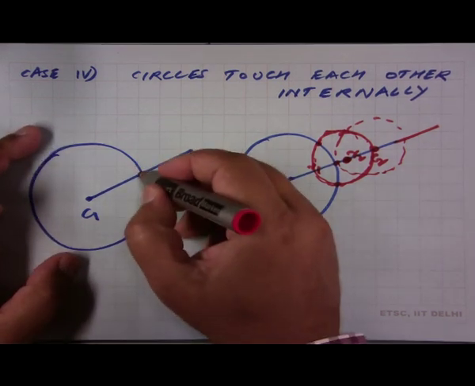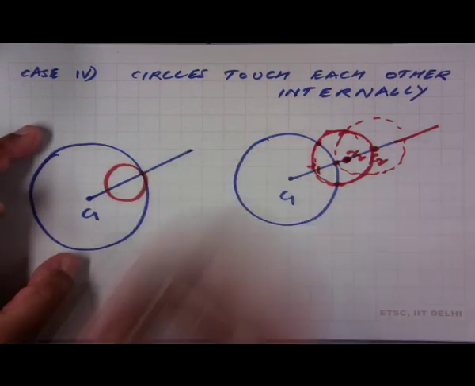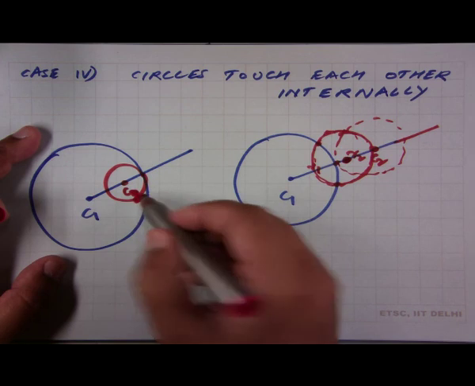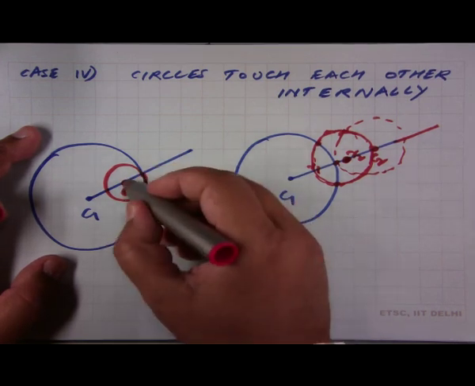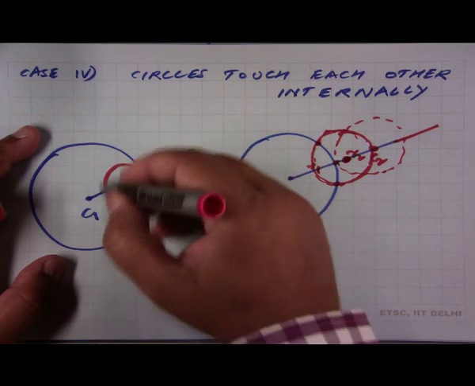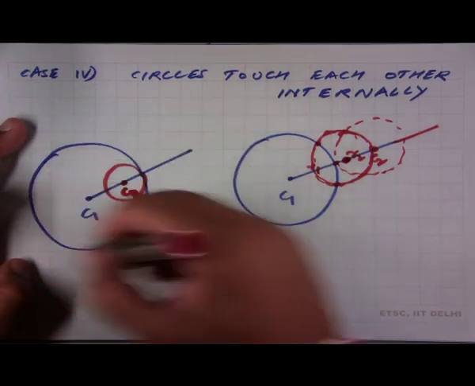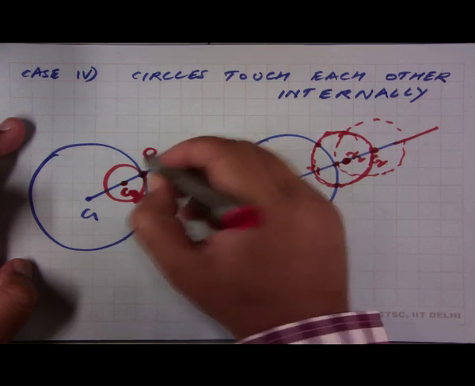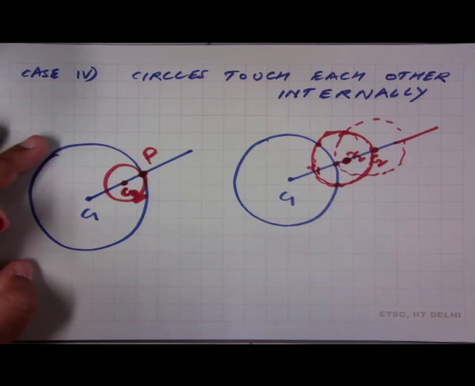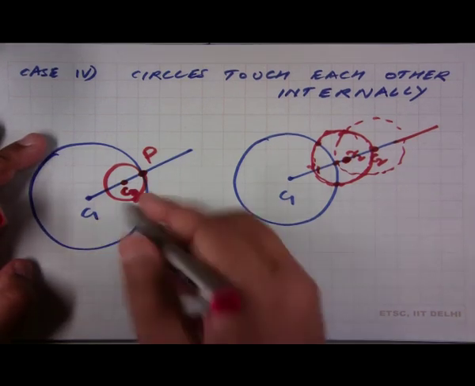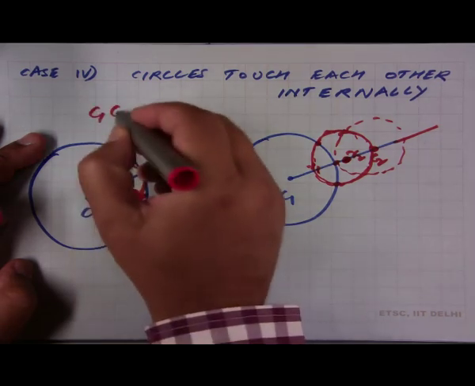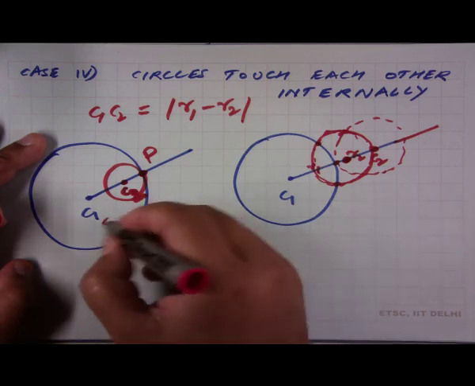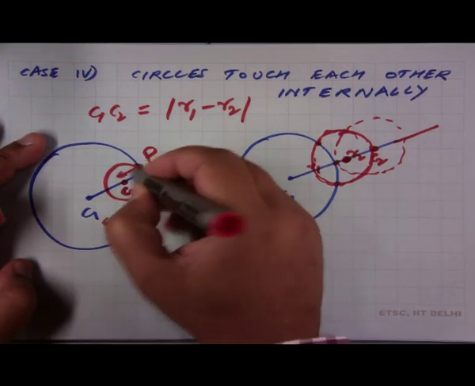What we mean by that is the second circle has center C2 in such a way that this red smaller circle and the bigger blue circle touch exactly at this point. So, this point is P, and of course, this will happen only when C1C2 is equal to the absolute difference between r1 and r2, because this is r1 and this is r2.